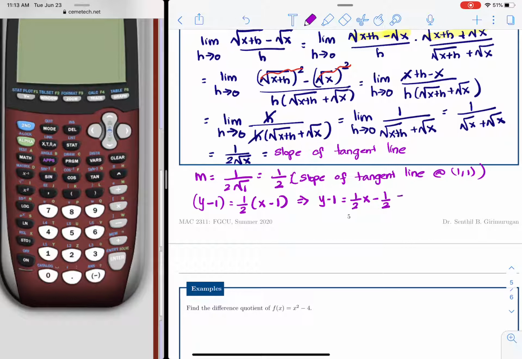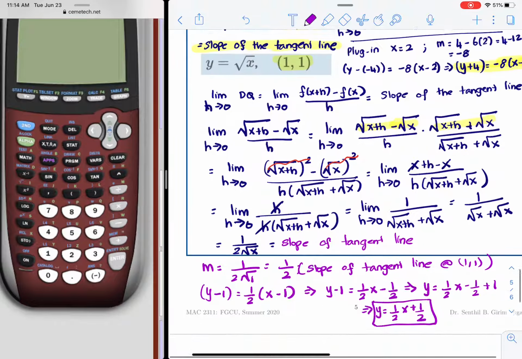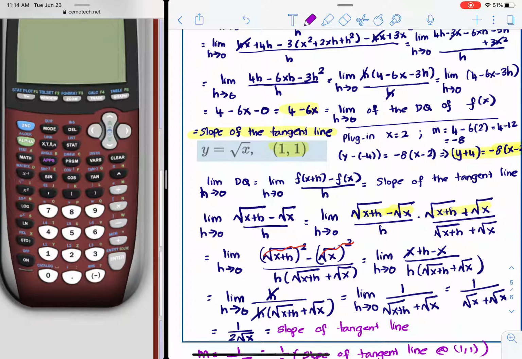Move the 1 to the other side, so y equals 1/2 x minus 1/2 plus 1. So y equals 1/2 x plus 1/2. And that is the equation of the tangent line at (1, 1) for the function y equals square root of x.